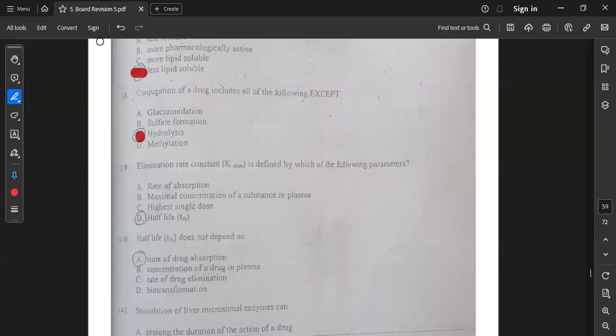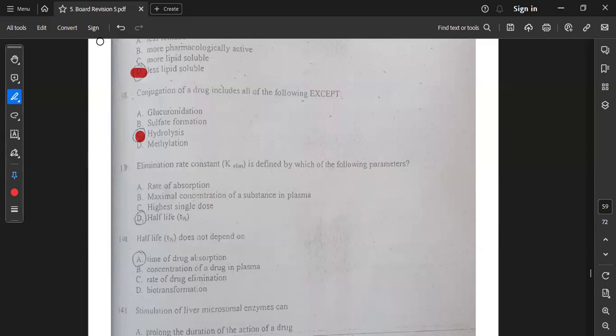I just want to confirm something. Phase 1 makes the drugs more polar, and phase 2 also does the same thing, but with different enzymes, or is it specific? What I read in the morning was that phase 1 converts the parent drug to a polar active metabolite, and phase 2 converts it to an inactive metabolite.